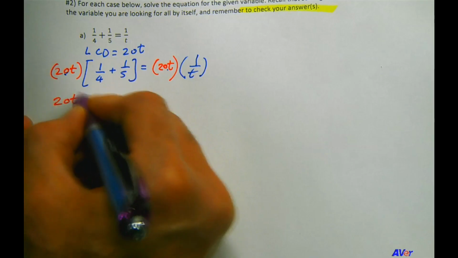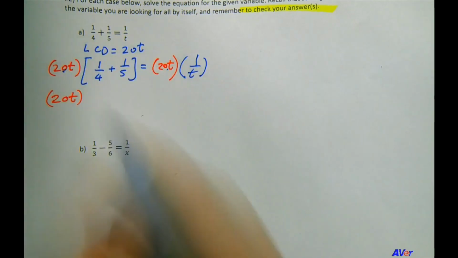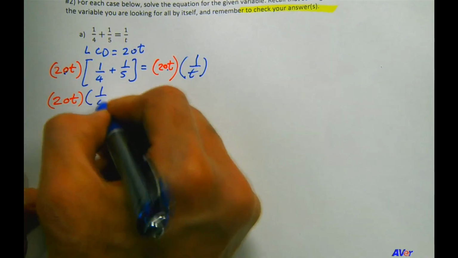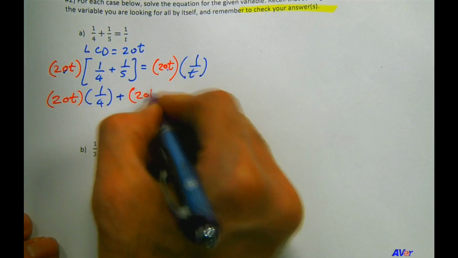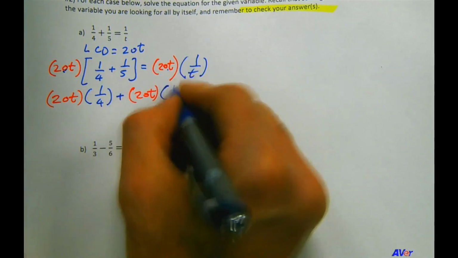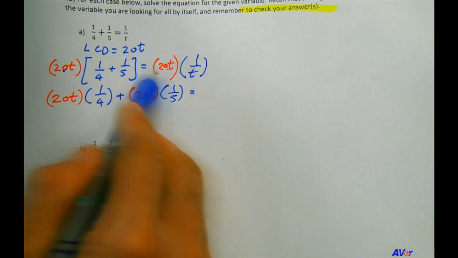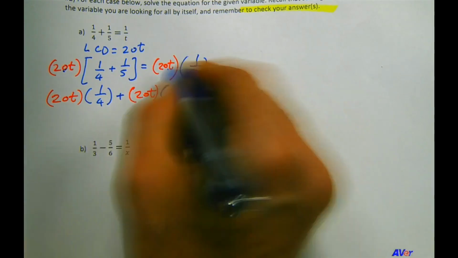So 20t, I'm just going to distribute, I'm not going to simplify, times 1 over 4 plus 20t times 1 over 5 equals, now on that side, we can do the same thing.